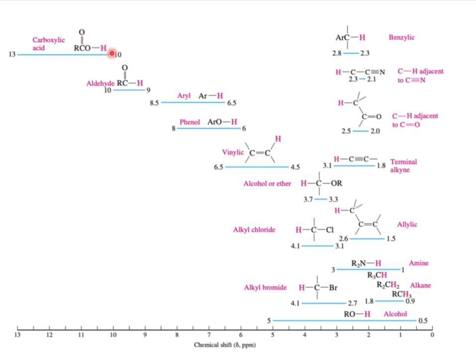As a result, the nucleus of this hydrogen will be de-shielded. As a result, the value of this proton which is attached with the carboxylic group comes at the de-shielded high frequency region, right?